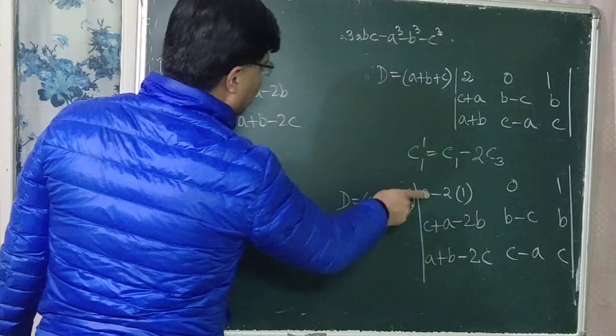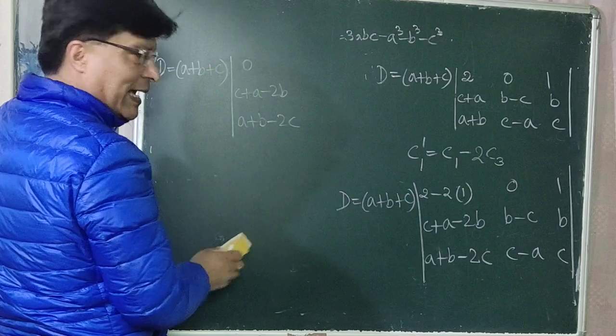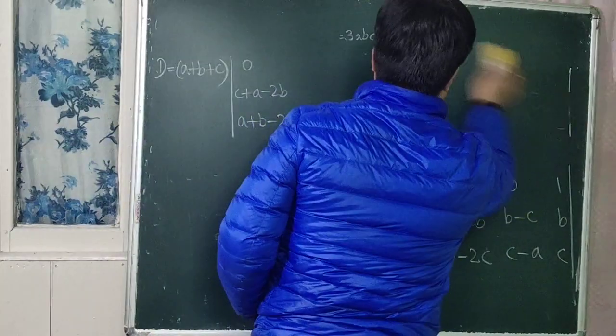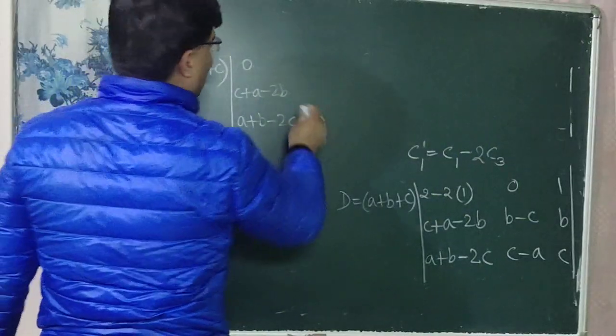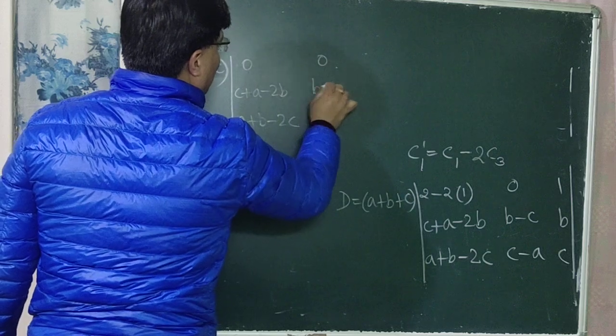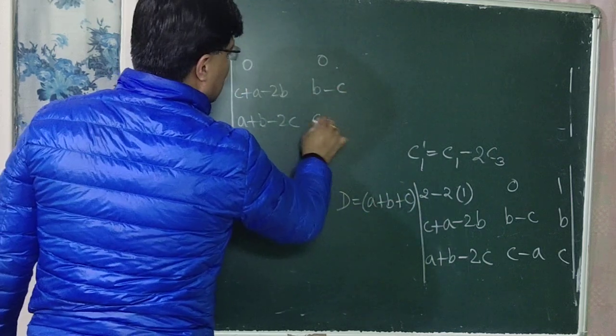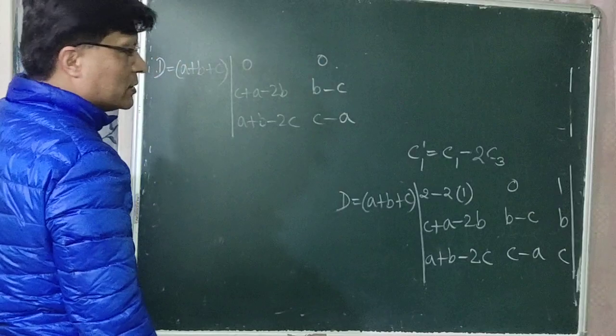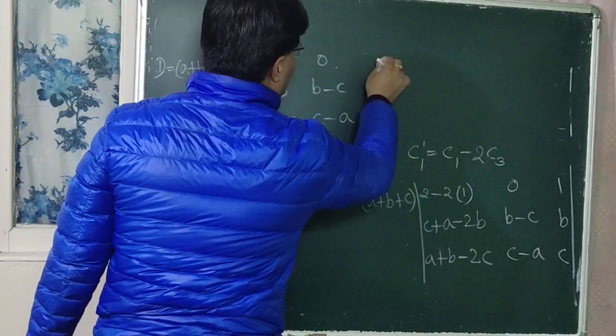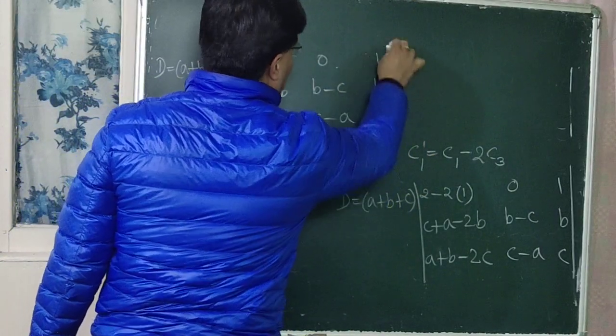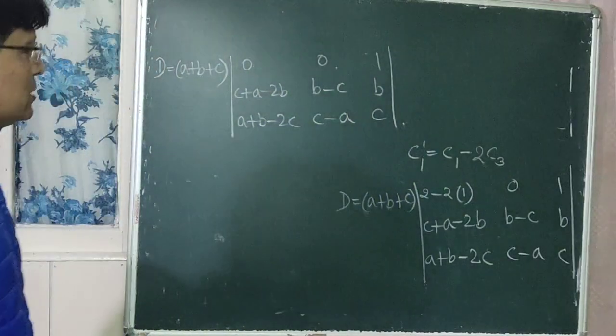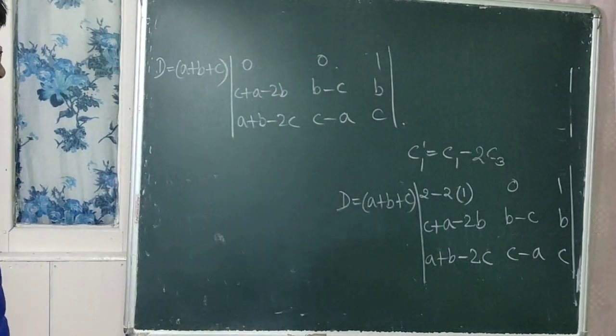What is the second one? Second one remains as it is. 0, B minus C, C minus A. What is the third column? Remains same, 1, B, C. Is that right?